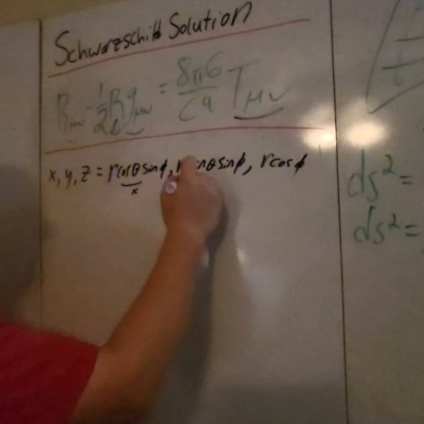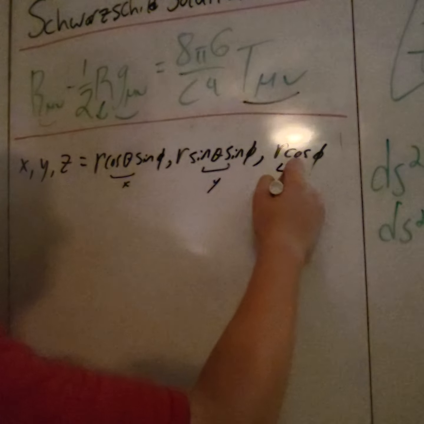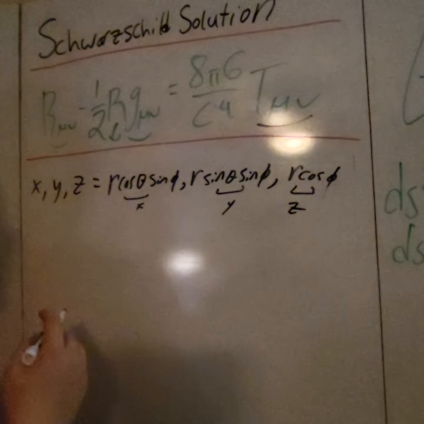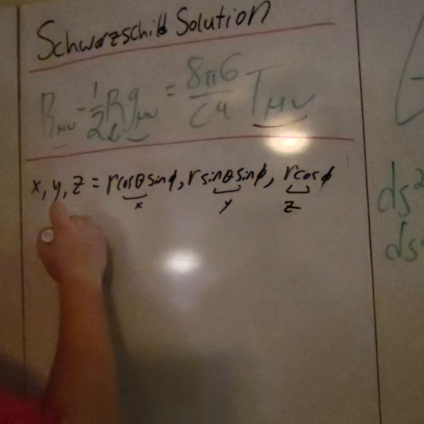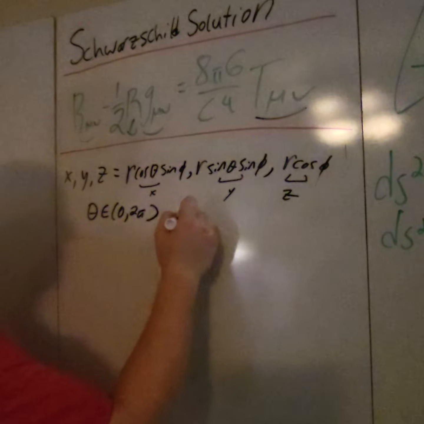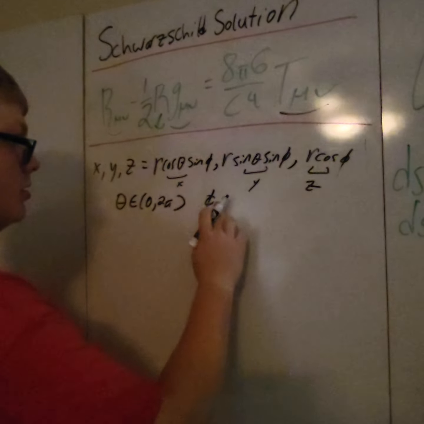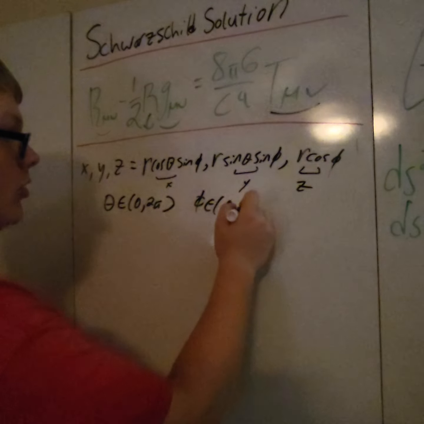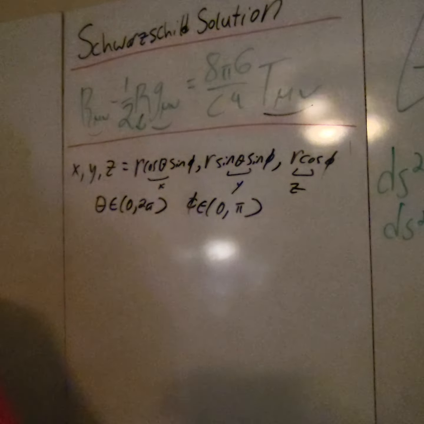That's x, that's y, and that's z. Where theta runs from 0 to 2 pi, and phi runs from 0 to pi in terms of radians.